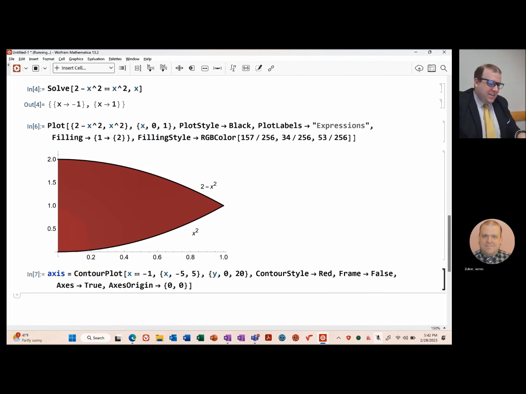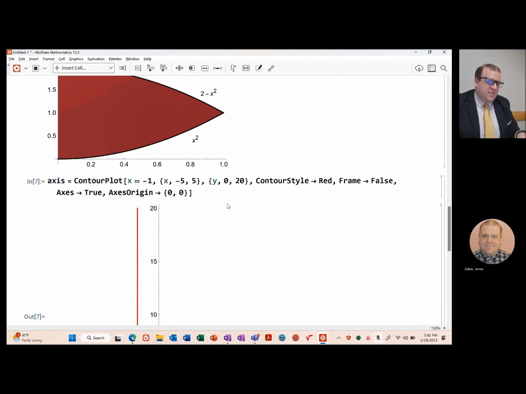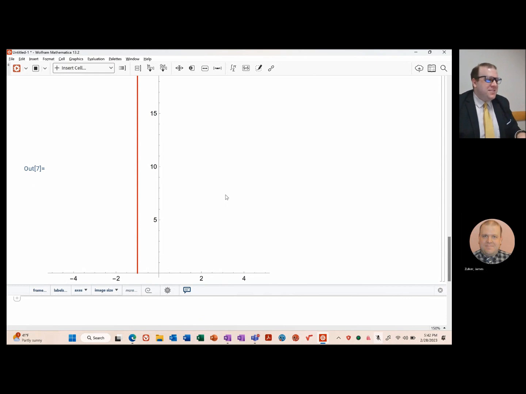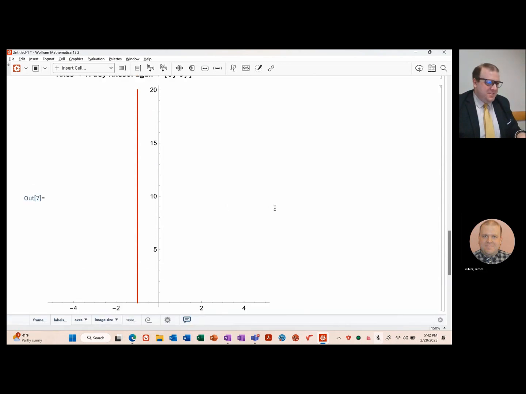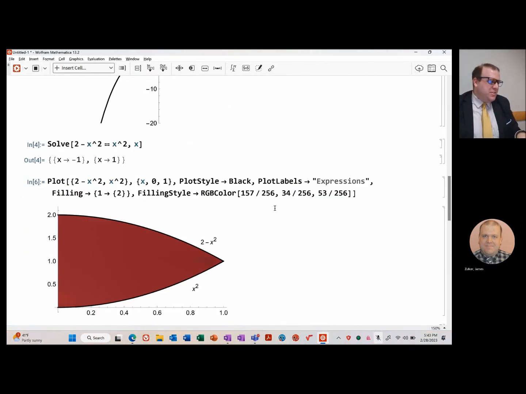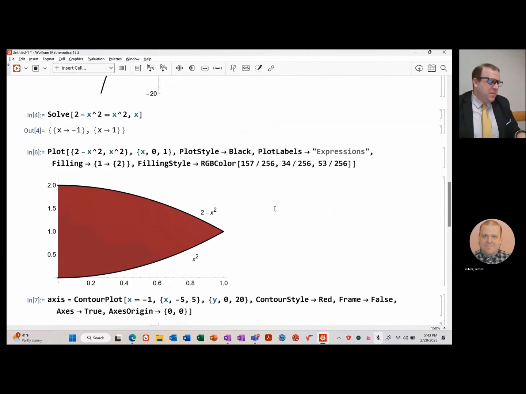I think that should be perfect. No, it's a vertical line. But that's it. That's what I want my axis to be. Now I'm going to go ahead and plot the region. I need to call this what, plot 3?